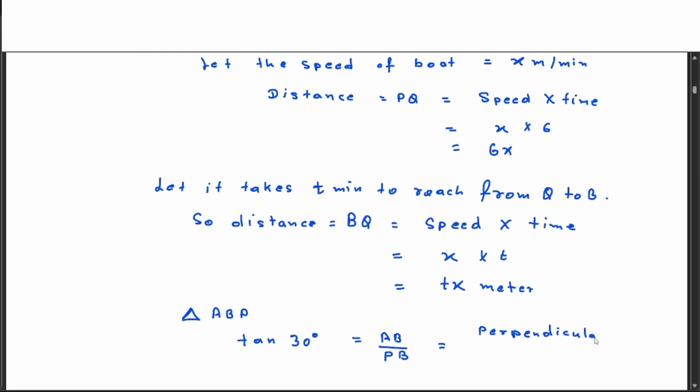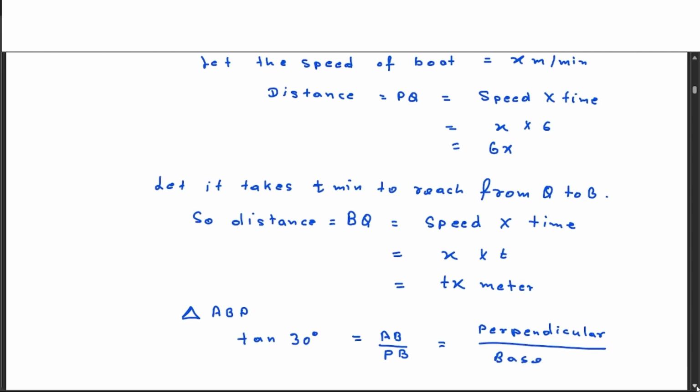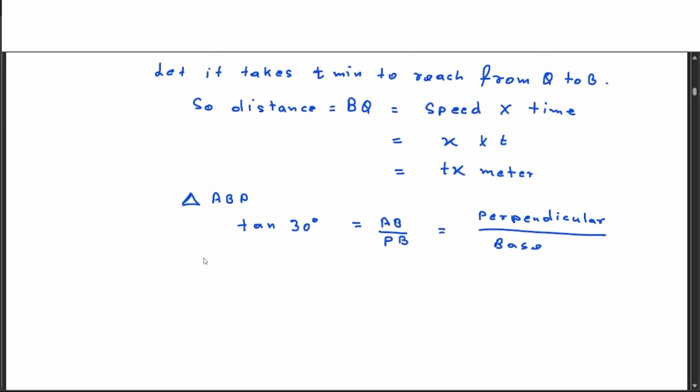Now the tan value: tan 30° is 1 over root 3. The perpendicular we don't know, so we say AB.